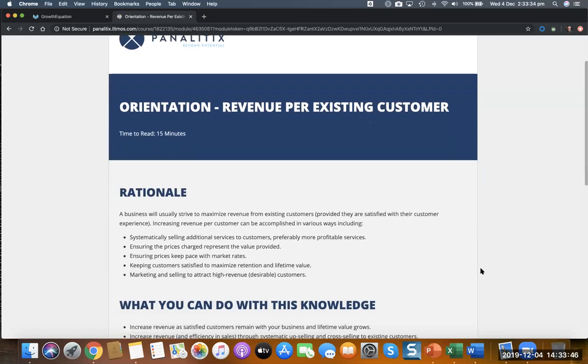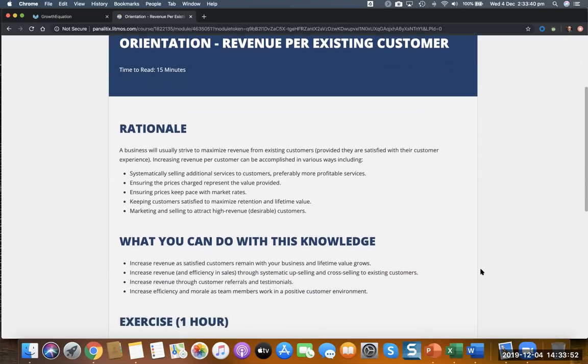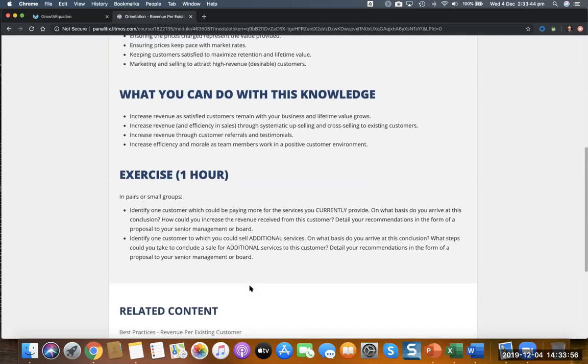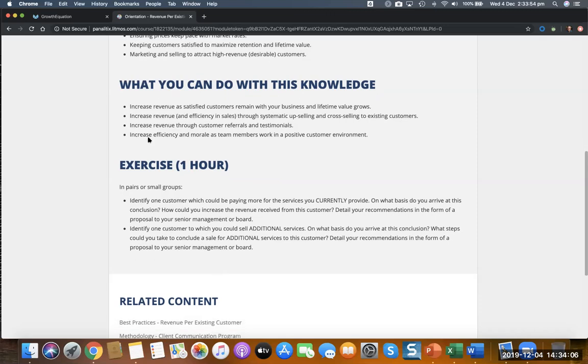What it does is it explains the rationale behind why it's even important to be talking about this particular driver. And then what you can do with this knowledge, and then for each of the drivers an exercise. And so you can either do the exercise with the clients, or you might do this internally as a case study with a couple of clients as a training exercise with your team.